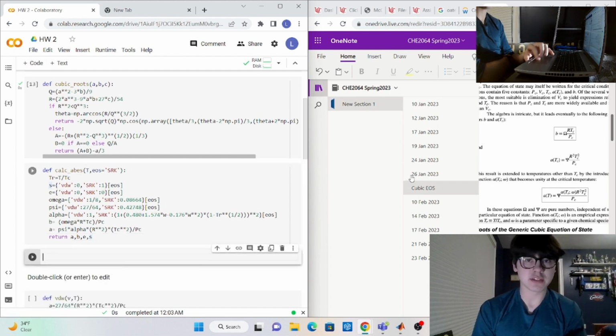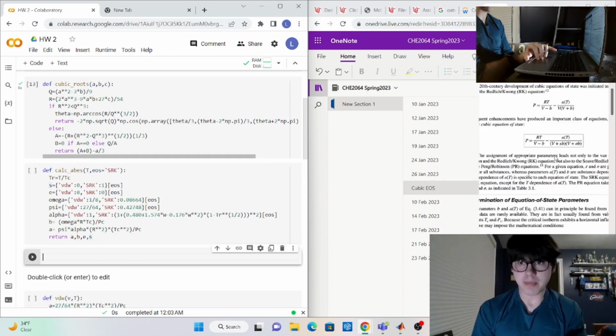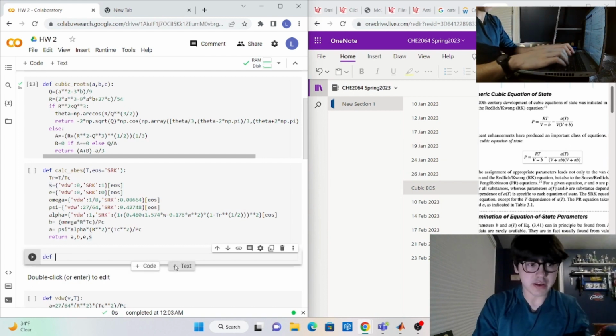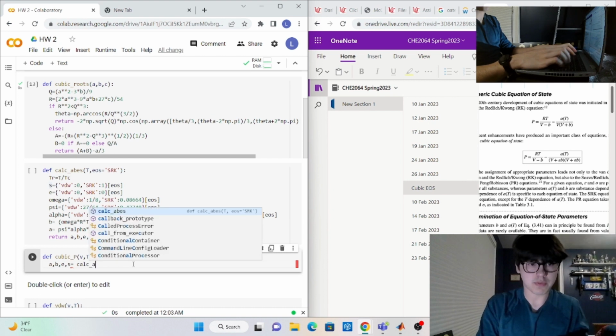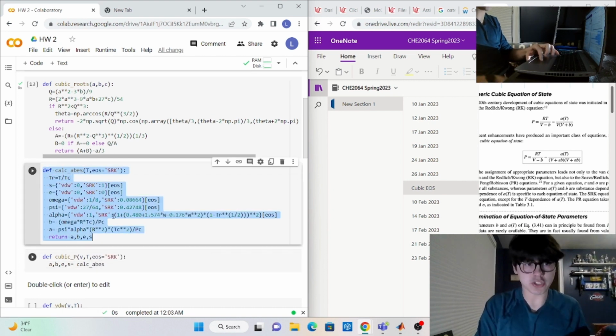So the next thing we need to do is define the actual cubic equation of state. So we'll define cubic_pressure, and it's going to take in a value of volume, temperature, and the equation of state. And A, B, E, and S in this expression will be equal to what we calculate in this function.